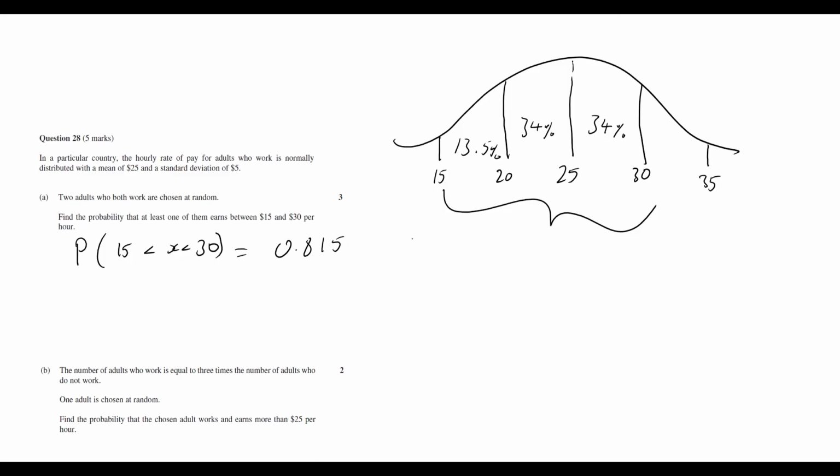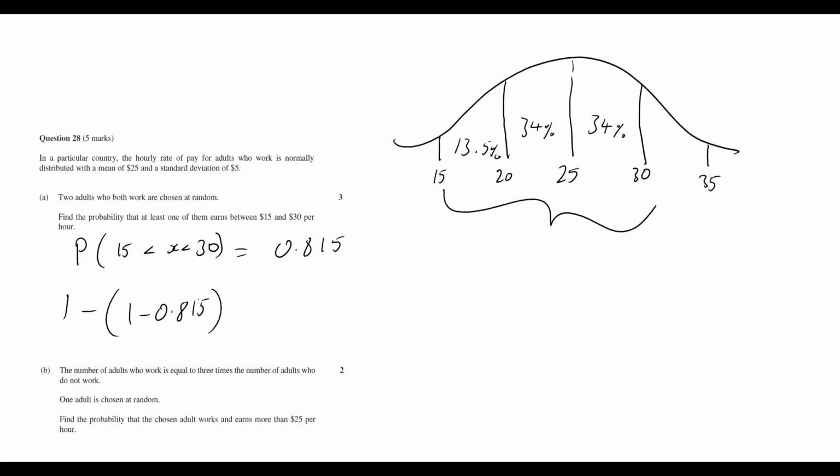Okay, so now to look at the probability of at least one of them earning between those, I think it's probably better to first look at the probability that neither of them earn between those sections. That will be a little bit easier. So that probability is equal to 1 minus 0.815.